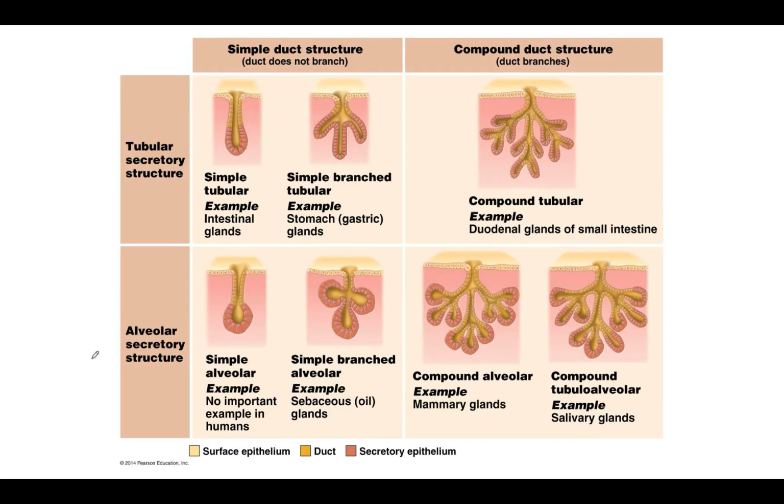Okay, we will see this diagram. So here's a simple duct and a compound duct. If we look at the color, can you see the dense yellow color? We call this the duct.